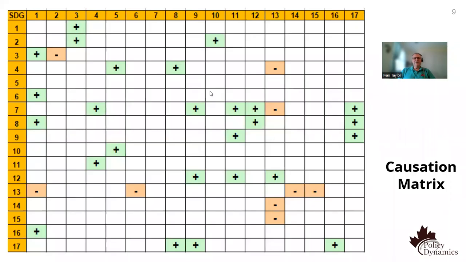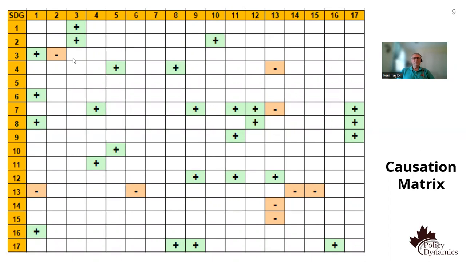So here's another presentation of the causal loop diagram, which is maybe easier to read. We can see the SDGs in the rows and the SDGs in the columns, and a plus sign means that they're connected positively, or move in the same direction, and a minus sign says that they're connected negatively, or move in the opposite direction.